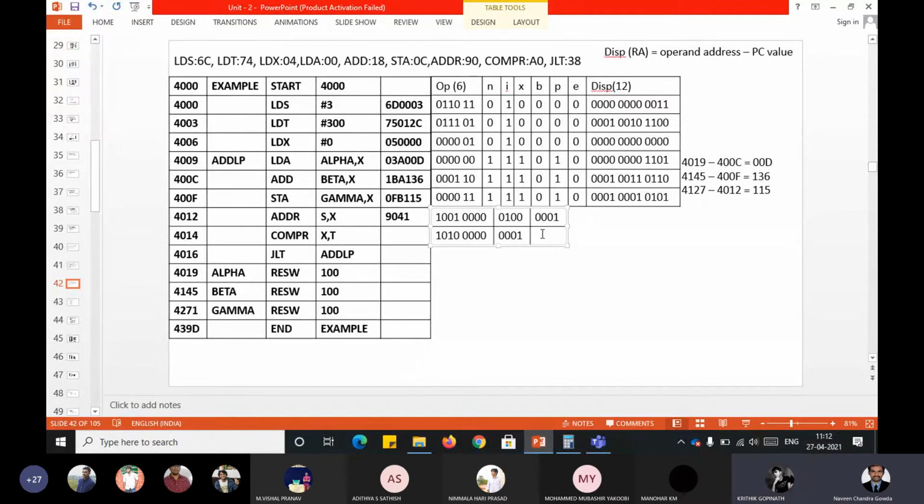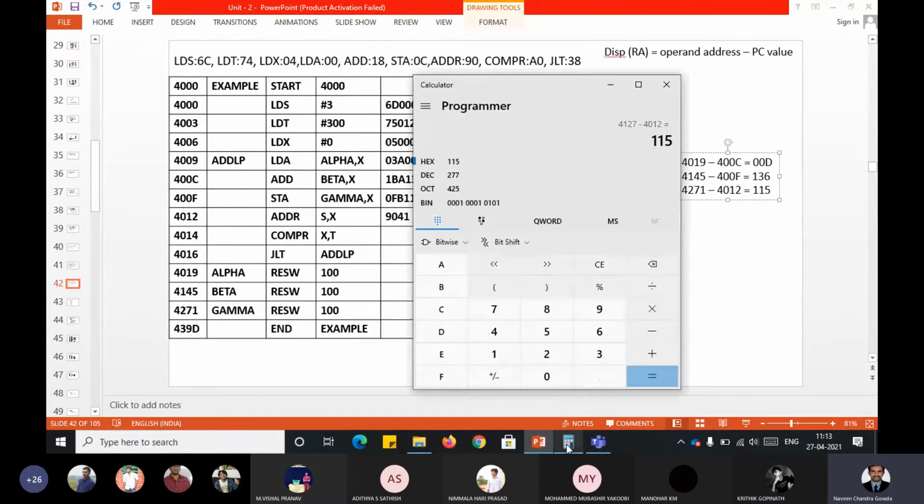Yes. So the previous one, STA comma X thing, that is 4271 minus 4012. That's true. When you subtract 4271 minus 4012, you are getting 25F. Okay, good.